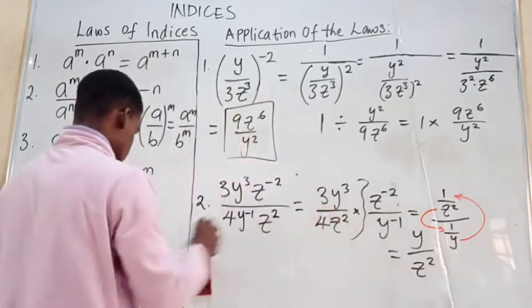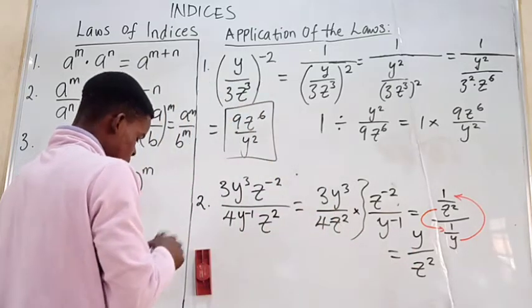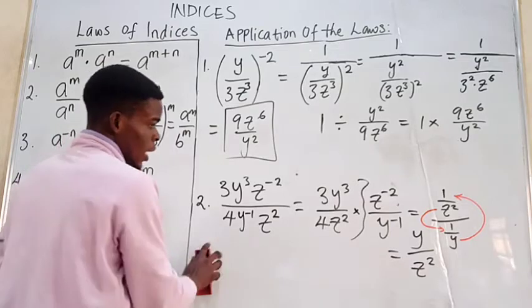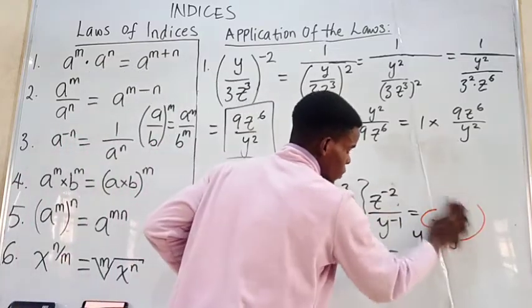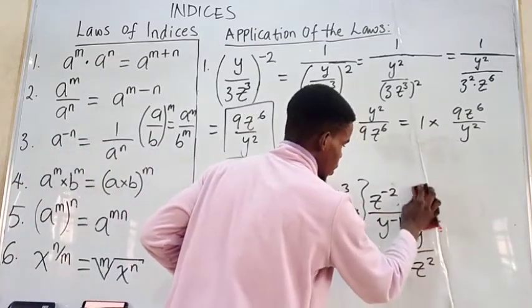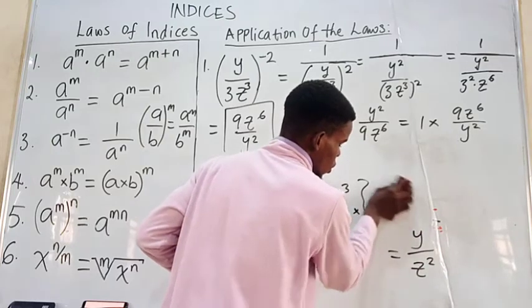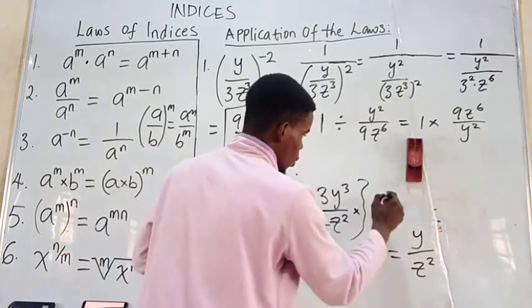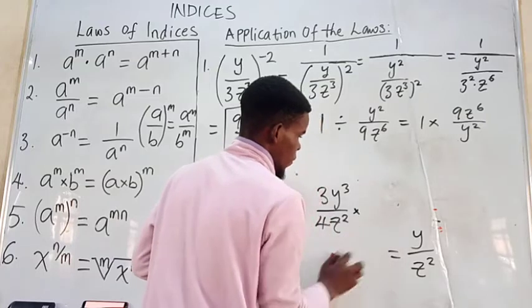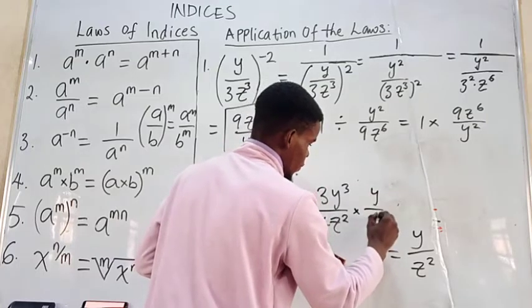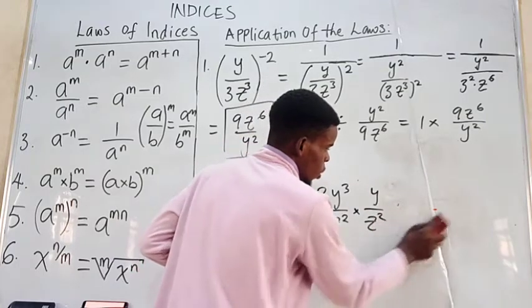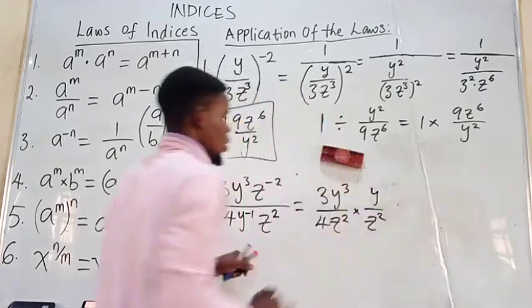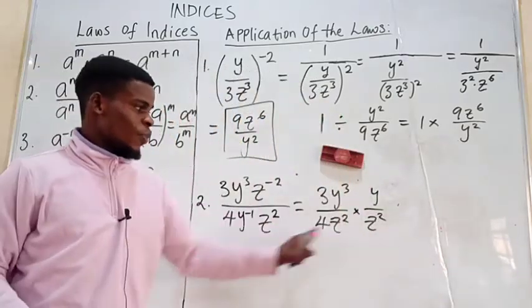So maybe I'll just clean things up a little bit, and I'll replace that with what we get. So I'll replace this. Let me clean this whole process. So in there, I'm going to write y divided by z to the power 2. Alright, very nice. Okay, maybe we just go ahead and multiply everything now.